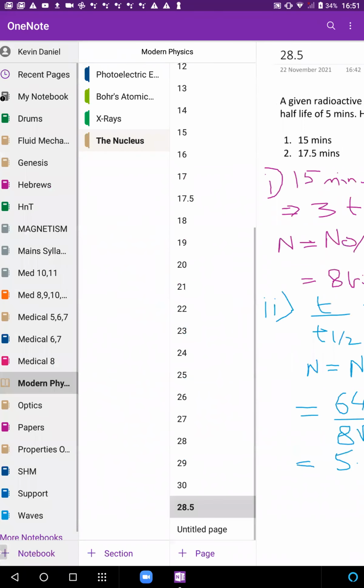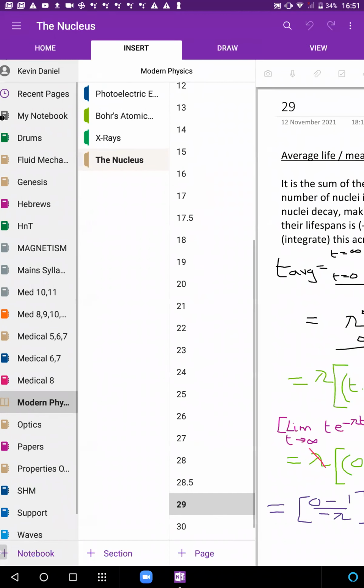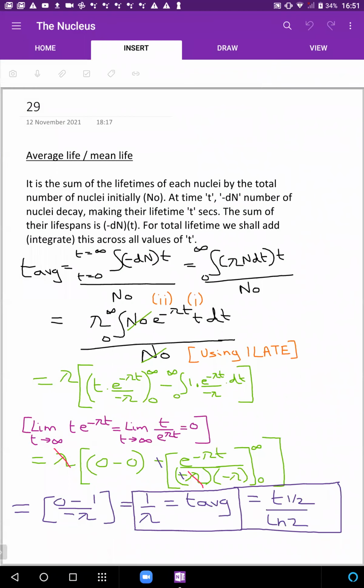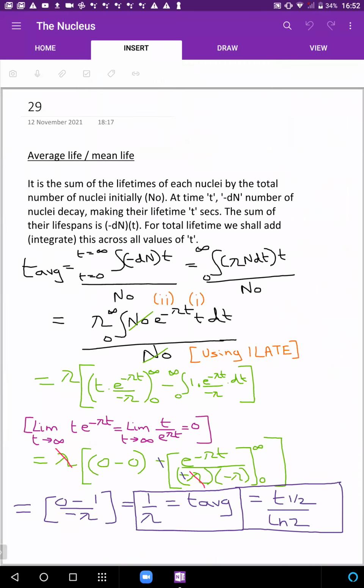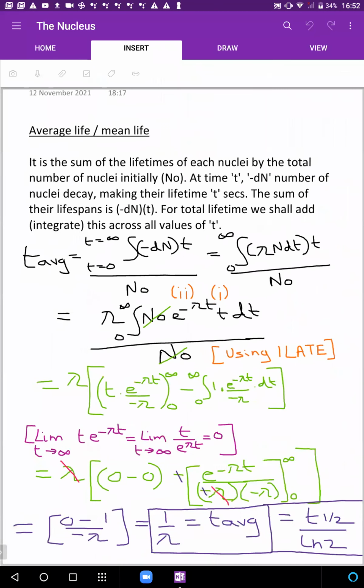अभी, one more important term is average life or mean life. Okay. अब इसका थोड़ा derivation थोड़ा सा मुश्किल है, but at least the first step of the derivation, understanding that is quite important, because average of any term, that kind of concept can really be asked in any part of physics.